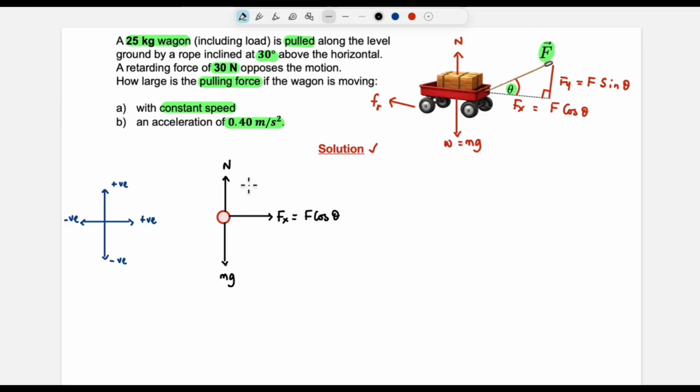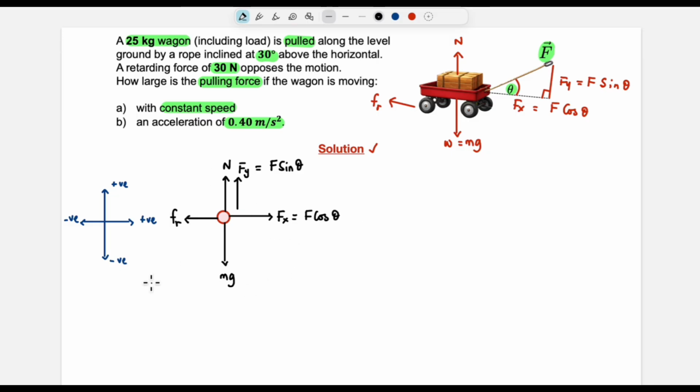And then we have another vertical force, that is the vertical component of the pulling force, which is Fy. And we found that to be F sine of the angle theta. Again, the retarding force points opposite to the horizontal force, and that we found to be Fr. So this here is a free body diagram.